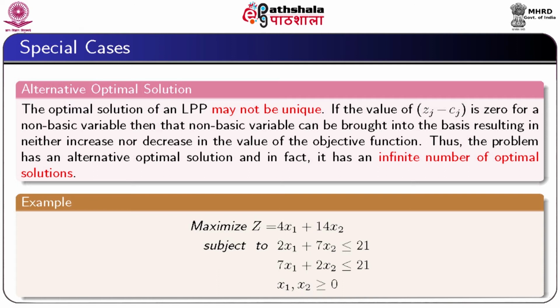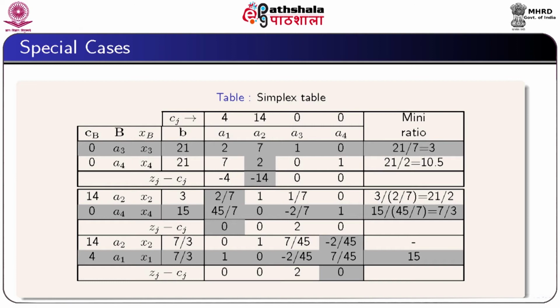We consider the example here as maximize z equal to 4x1 plus 14x2, and there are some constraints. There are two constraints which are all less than or equal to type. Then we will first convert this problem into standard form to feed into the simplex table, and in the simplex table, as you can see in the first iteration, Z2 minus C2 is most negative.